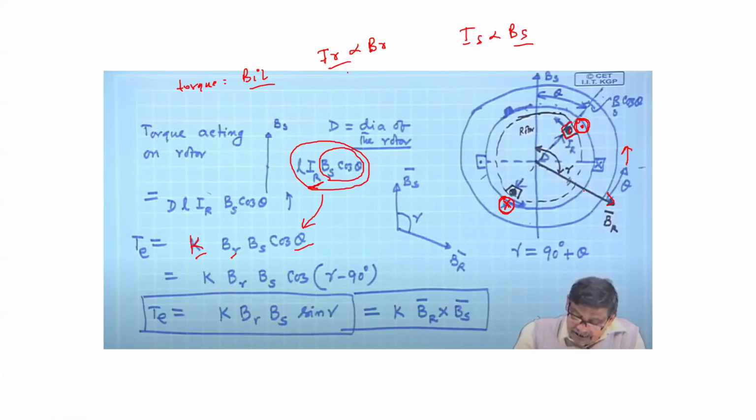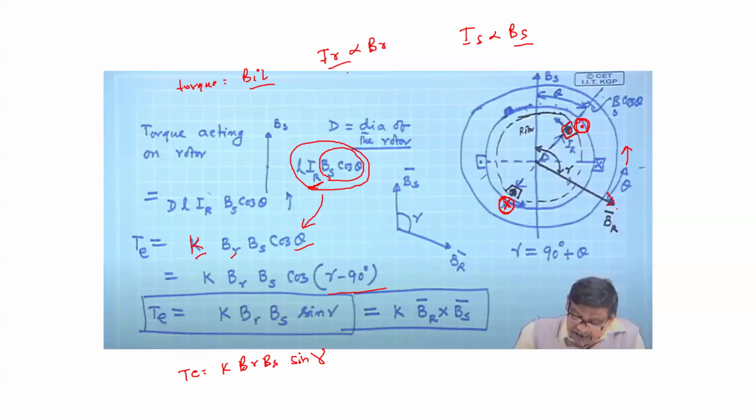You can see from this diagram that this 90 plus theta makes the gamma. So this theta can be written as gamma minus 90. So you will see that the expression of torque is given as k into BR BS sine gamma. So it is nothing but the torque is proportional to the sine of the angle difference between the stator and the rotor mmf.